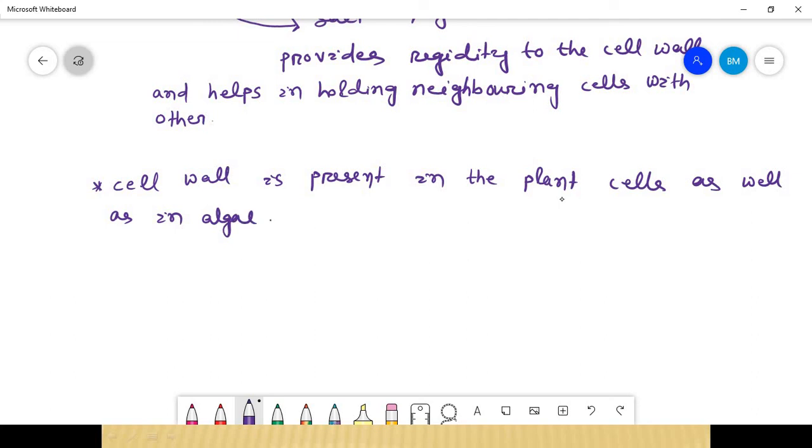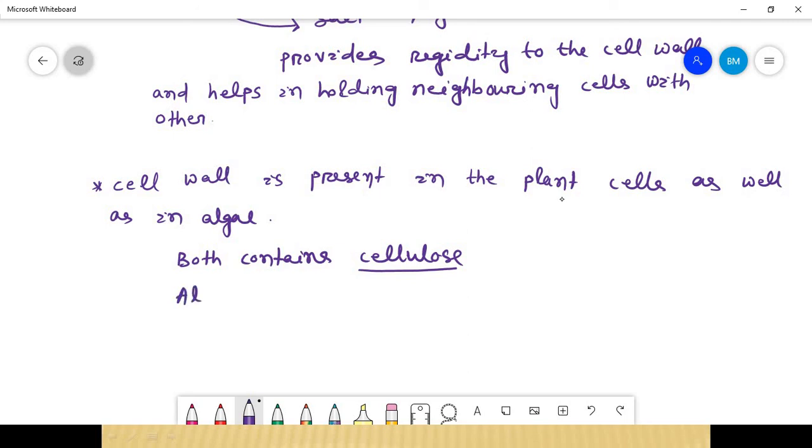Both contain cellulose, which is a fiber.